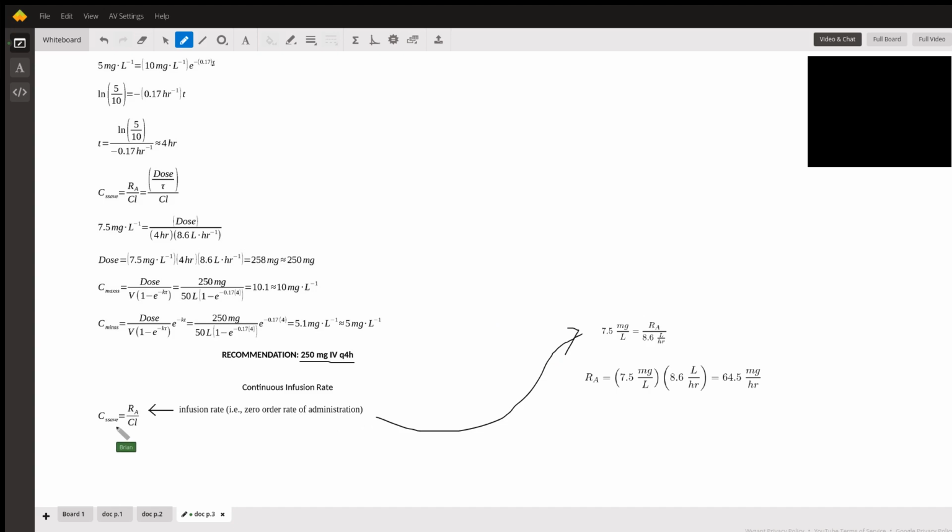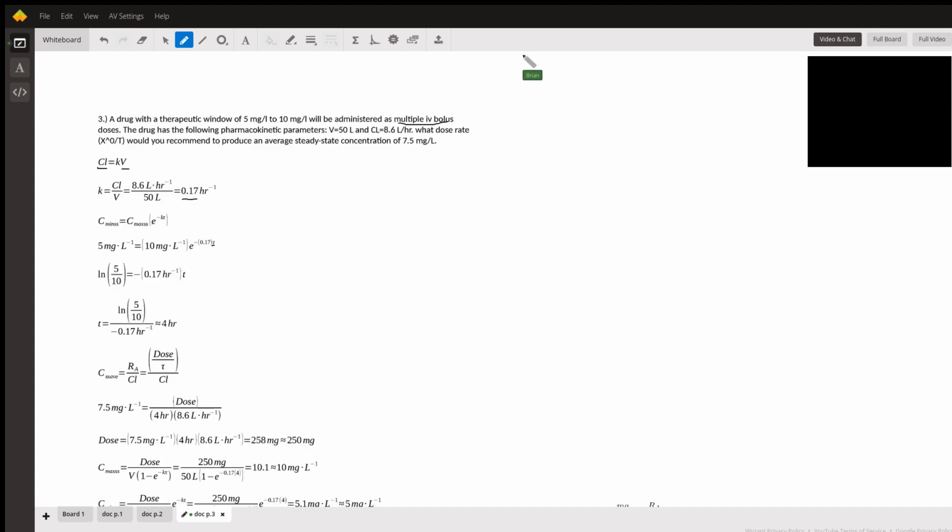And so in the steady state equation, dose divided by tau can approximate a rate of administration. If we give the dose more frequently, we're going to have to give a lower dose in order for the steady state concentration to not be affected. So if we were to give it as a continuous infusion, it would be 64.5 milligrams per hour.